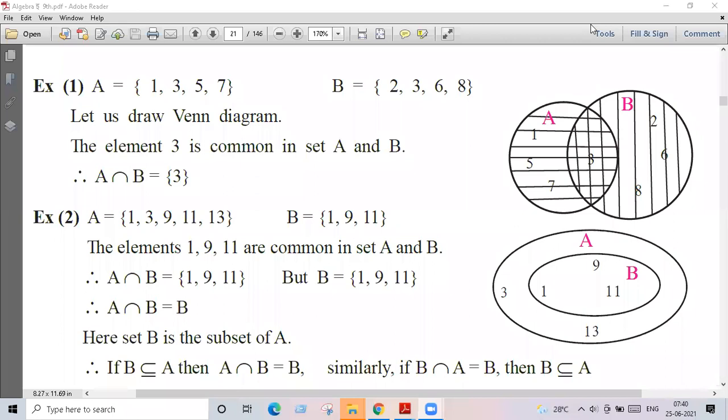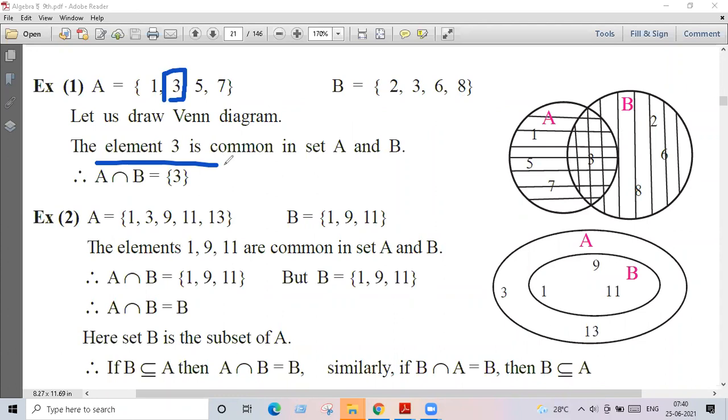Let's see the given examples. A is 1, 3, 5, 7. B is 2, 3, 6, 8. A Venn diagram will make it easier.